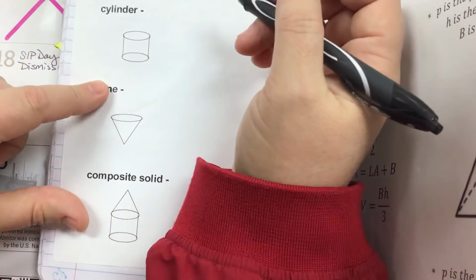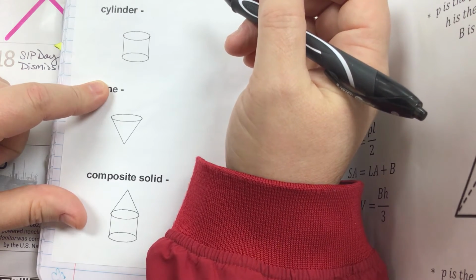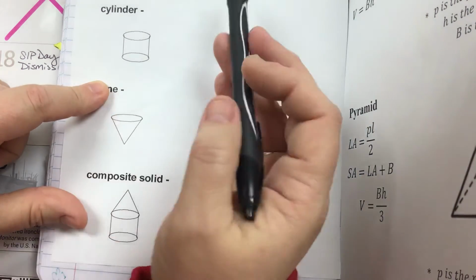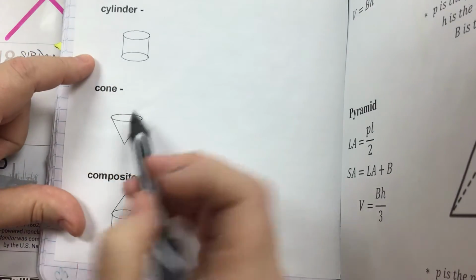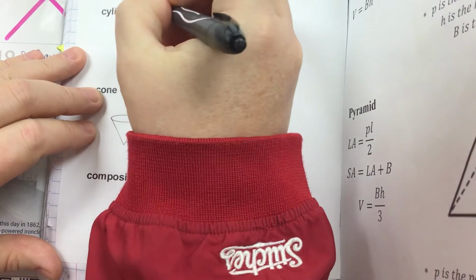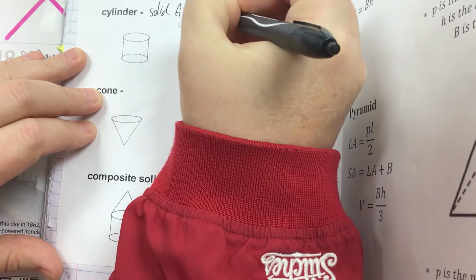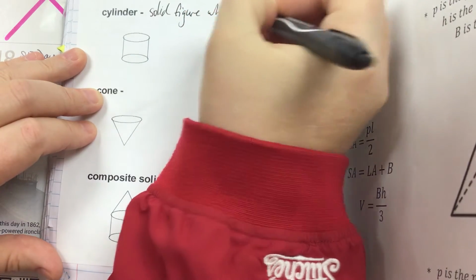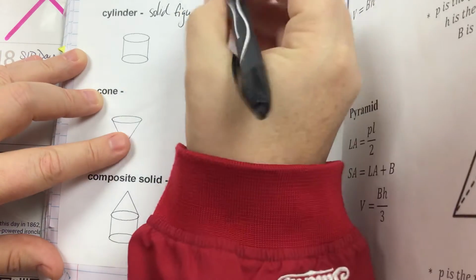Now, like I said, for the easier ones, I would think most of you can identify them. A cylinder and a cone are both types of solids, but they are not polyhedra, because the bases are circles, and the one base in a cone is a circle. So the way we define a cylinder, it's a solid figure whose bases are circles.